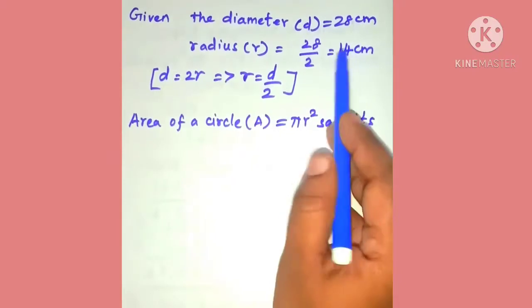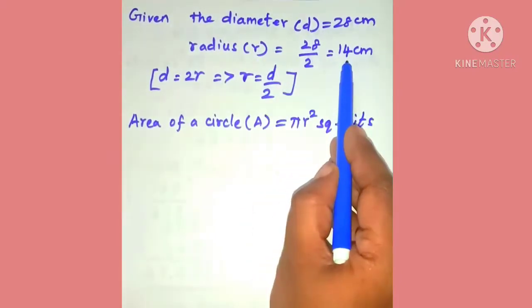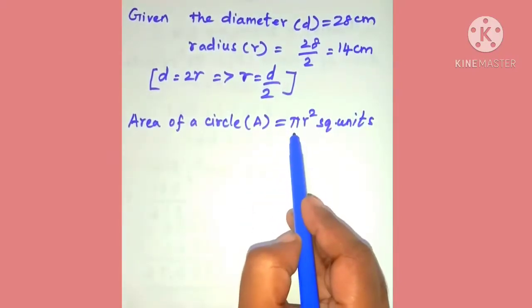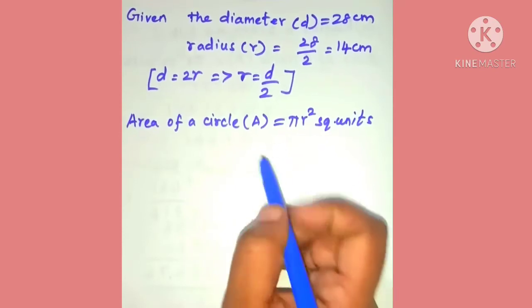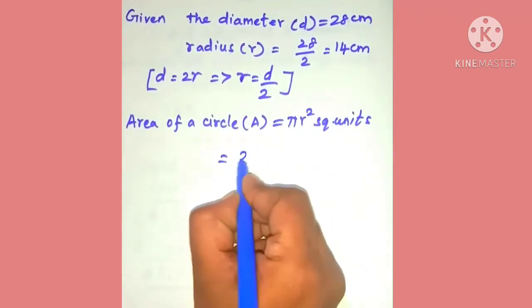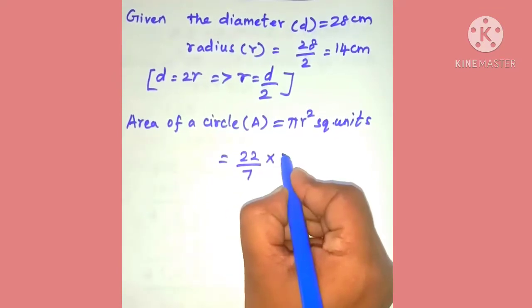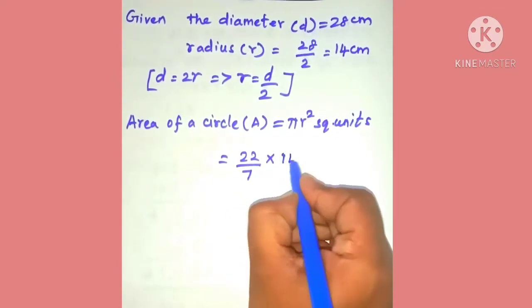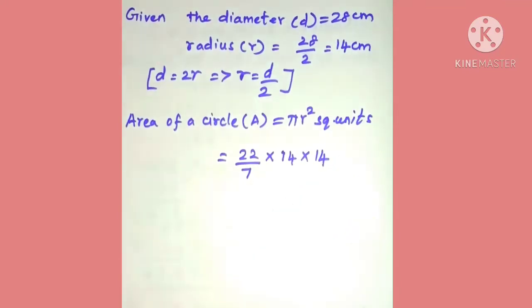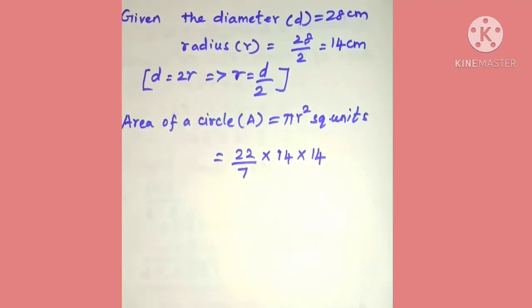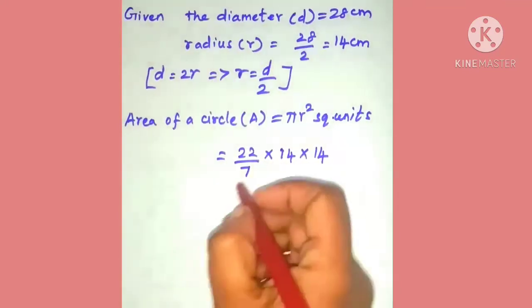So now we have the value of the radius and we know that the value of pi is 22 by 7. So substituting, we get 22 by 7 into r square, which means r into r, that is 14 into 14. So now cancelling 14 and 7 by using 7 table.